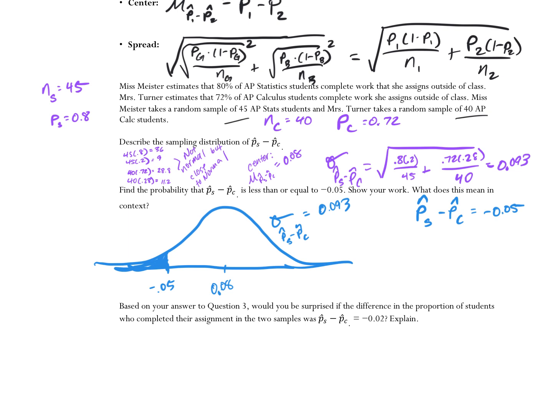This would mean that stat students were lower in percentage in terms of completion, right? The difference between the completion rates between the two groups is more than 5%, where the stats class was lower. Is everybody good? And what is the probability of that?